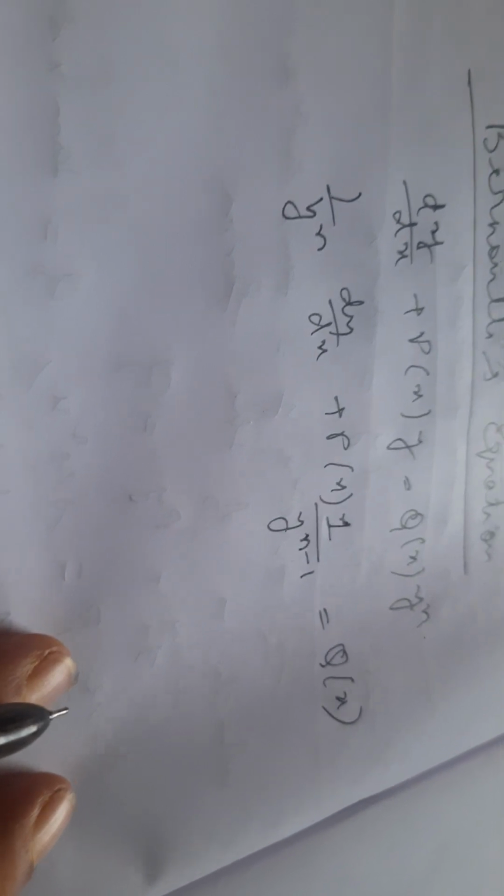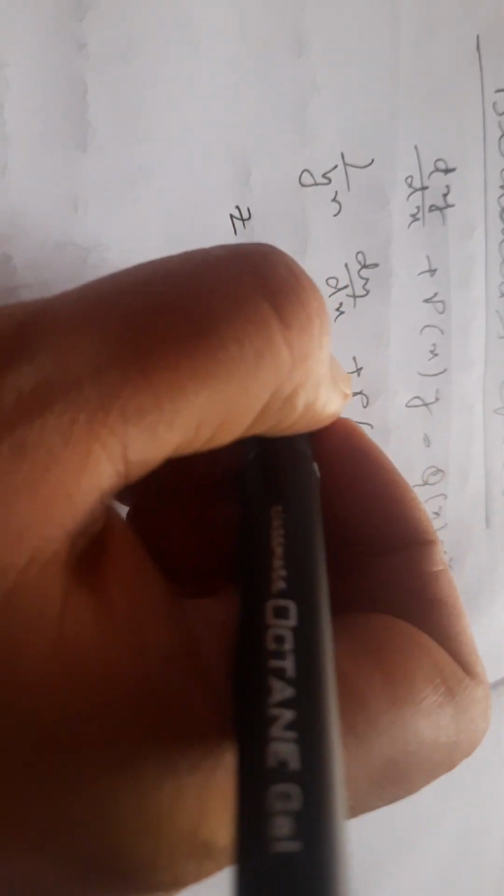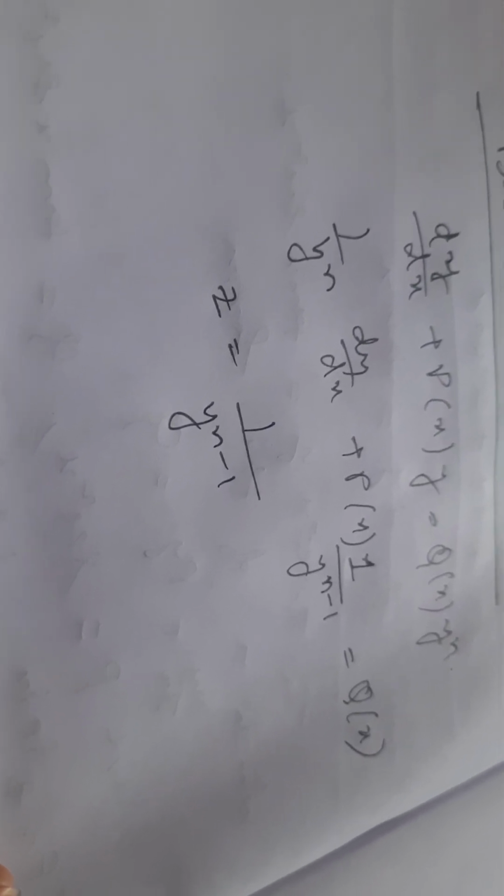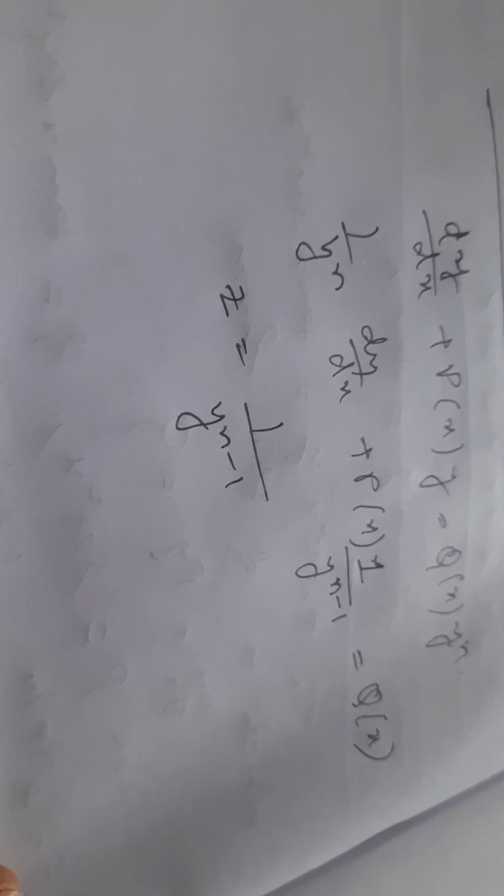So after getting this form, for solving it, we will put z equal to 1 by y to the power n minus 1. And we will find dz/dx and convert this equation of x and y in terms of z and x.